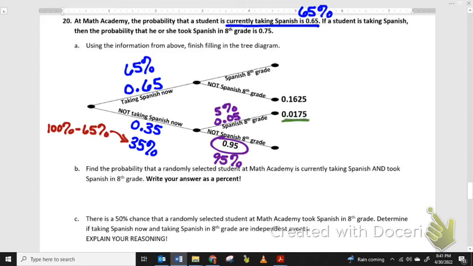The way we find these numbers at the end, this is the probability of both things happening, the and, the intersection. We multiply along these branches here. So to get this value at the end, they multiplied 0.35 with this 0.05.